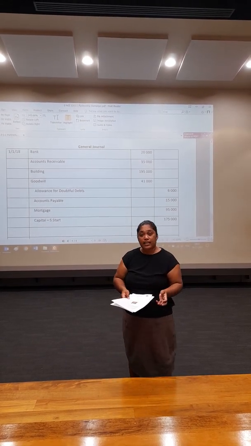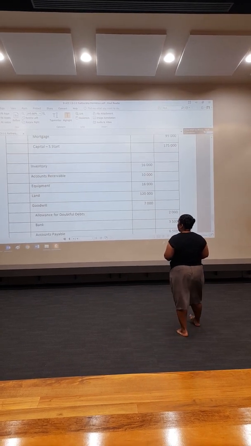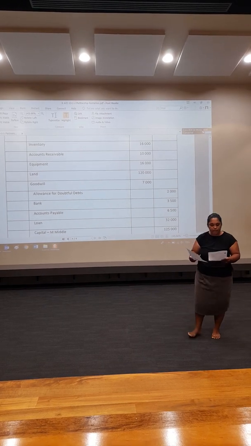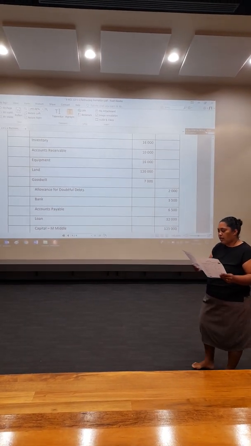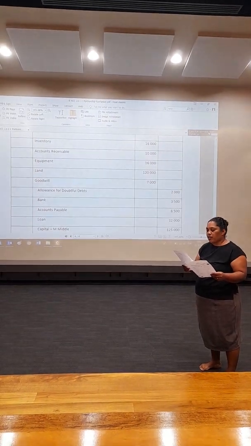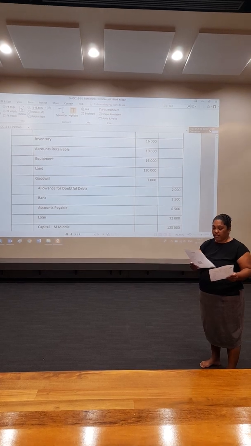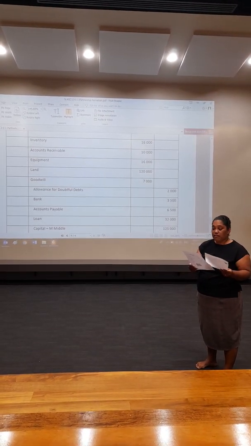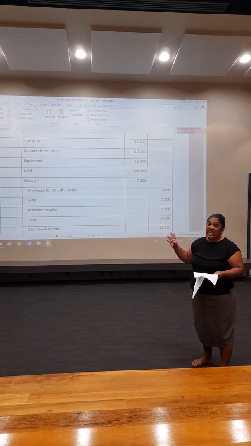Let's move on to the next partner. Middle. For Middle, number 2, the following revaluations will take place: accounts receivable will become 8,000, equipment 16, land 120, inventory 16. Middle doesn't actually have any cash in bank.